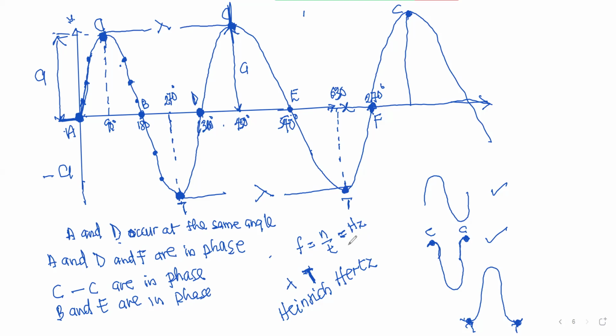All right. Then period is the time taken for a complete cycle, the time taken to make a complete cycle or a complete wave. So it's not different from what we've seen in SHM and then in circular motion.